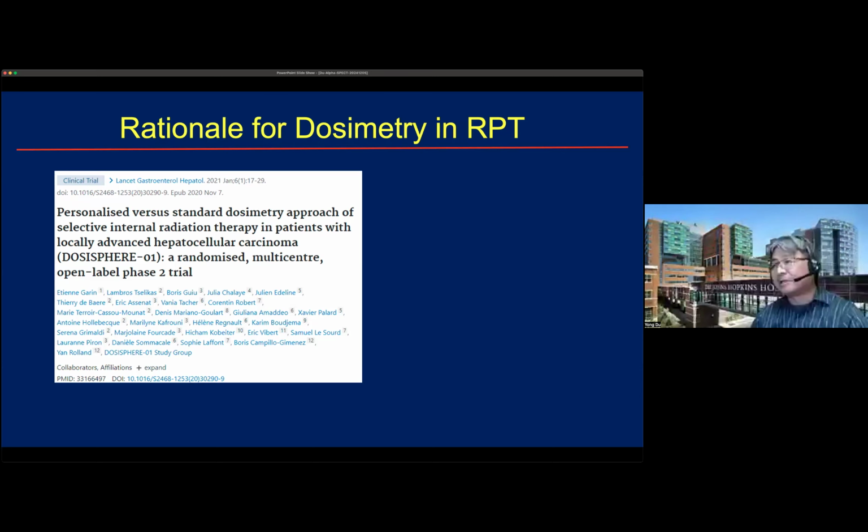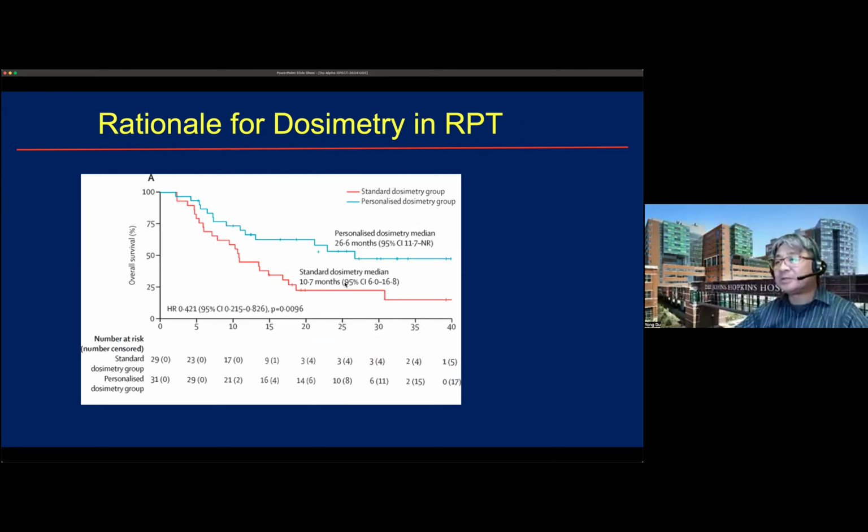They further did a dose analysis comparing patients who received personalized dosimetry and those who used a standard dose regimen. And we can see there's a very big difference in the survival of patients. Patients who received personalized dosimetry had 20.6 months of average survival, but patients who received the standard dose had only about 10 months of survival. So there's a very big difference.